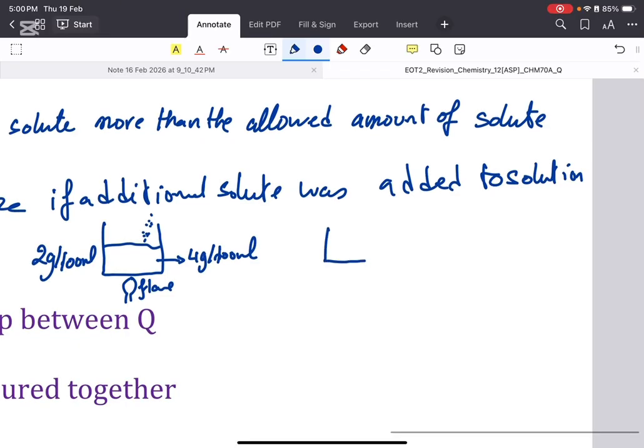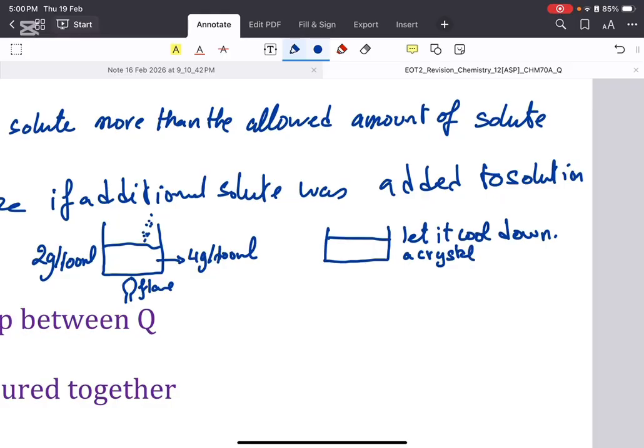Okay? Now, take out the solution and let it cool down. So if the temperature goes back to normal, the solute, those additional 2 grams, they're not gonna reappear unless a crystal or more solute was added to it, just a tiny drop.